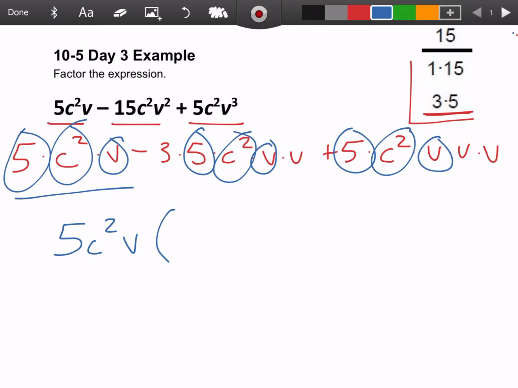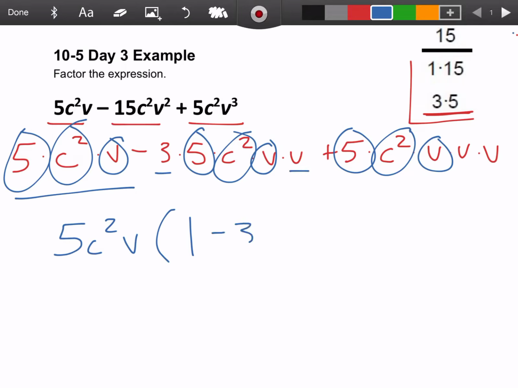So hopefully you can see there's nothing left from the first term, but we still have to leave a 1. So that's like dividing 5c squared v divided by 5c squared v. So same thing, something divided by itself is always 1. So we're going to leave a 1 behind there.